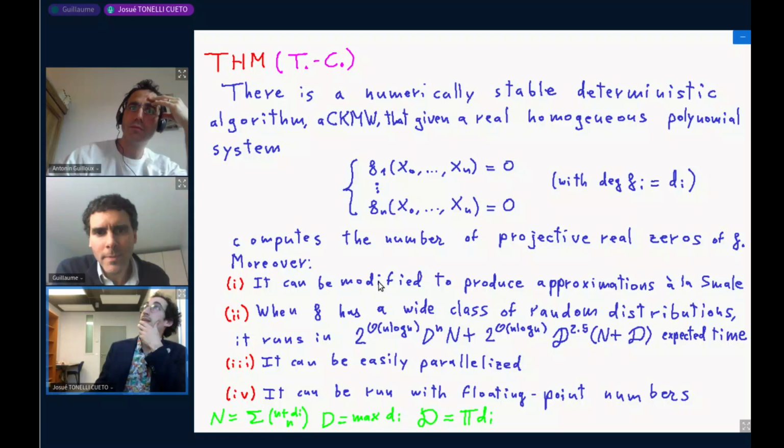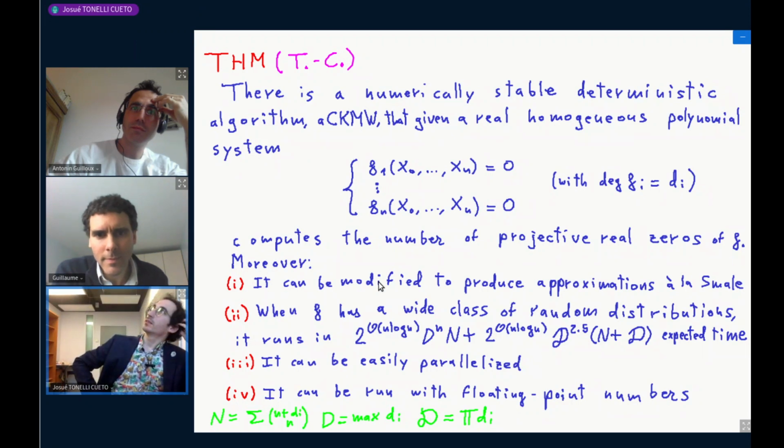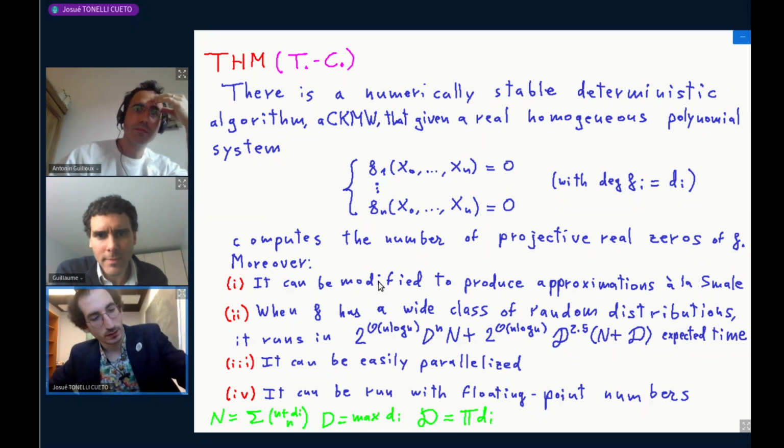I think you can get the same kind of bound. What was the thing that you obtained? I have the bound on the expectation of the logarithm.